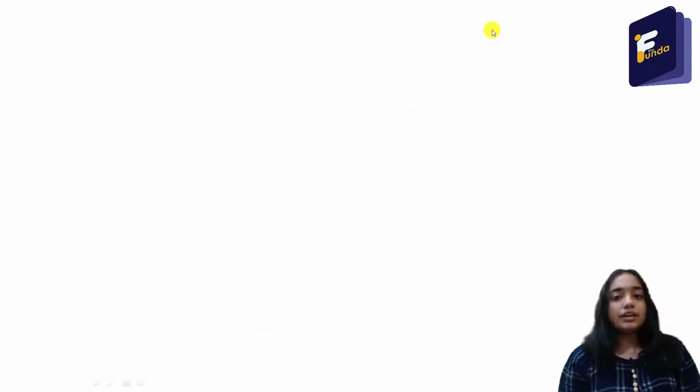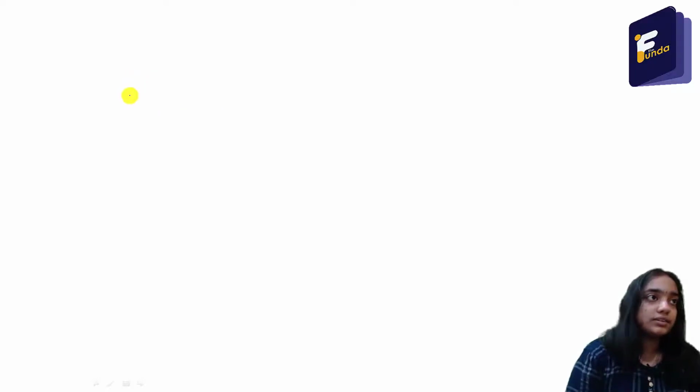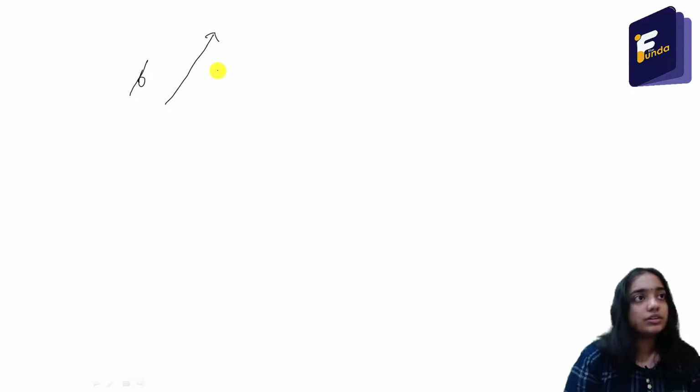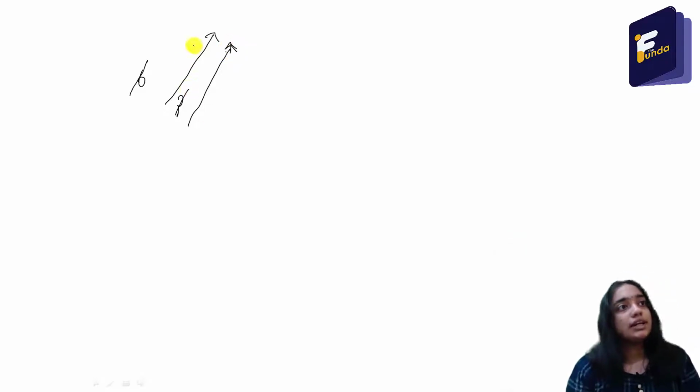So if I draw two arrows like this to show vector quantities. This is an arrow, and just parallel to it I am drawing another arrow. The length is the same. As you can see, these two arrows, assume they are straight, are pointing in the same direction, and also the length of both these arrows is the same.